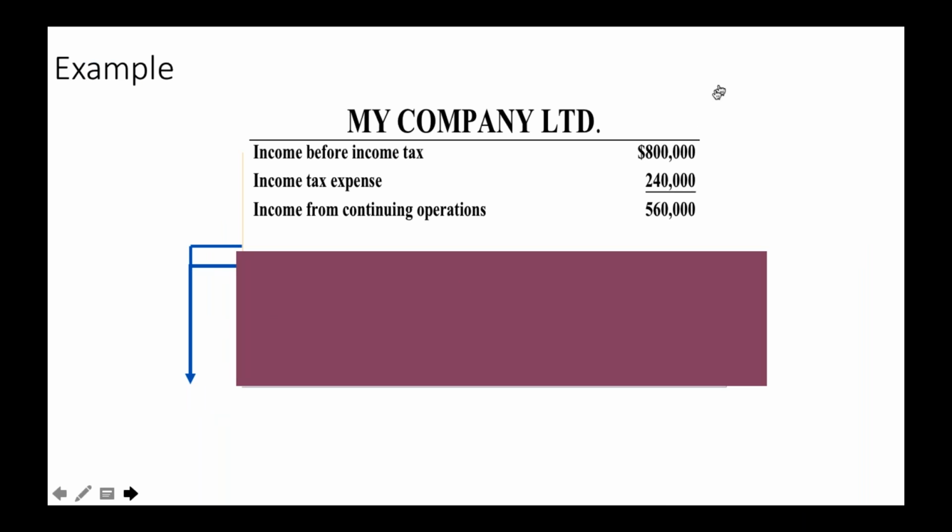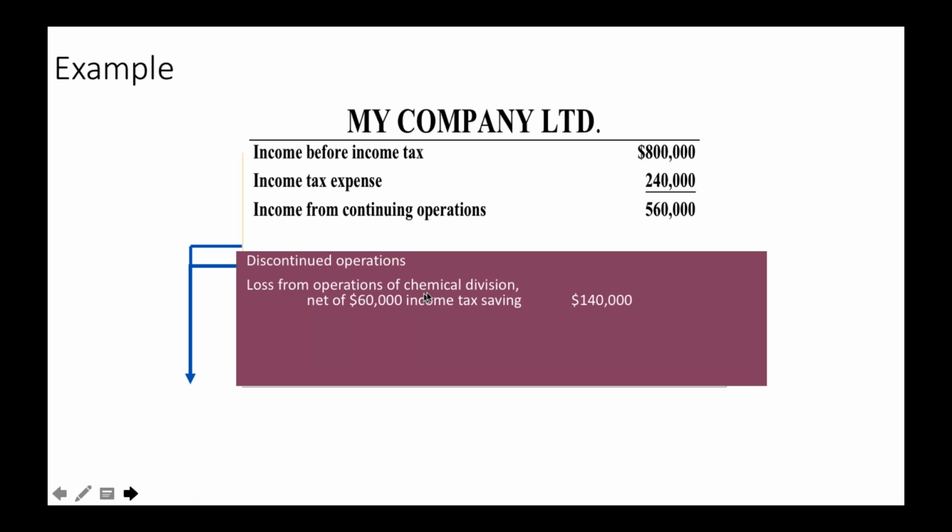Like this is my income statement, and it is going to be extended, like income tax, before tax, income from continuing operations. Before that, cost of goods sold, and I just left that because you know it already. So from here, income from continuing operations, now you should continue giving discontinued operations.